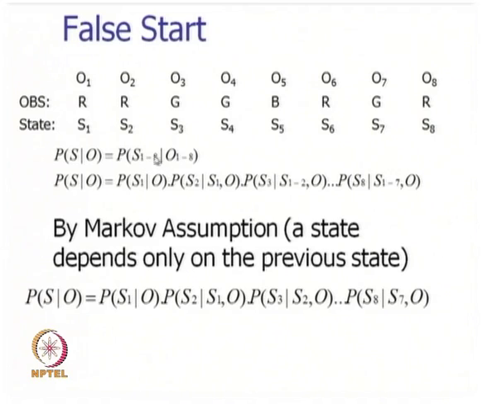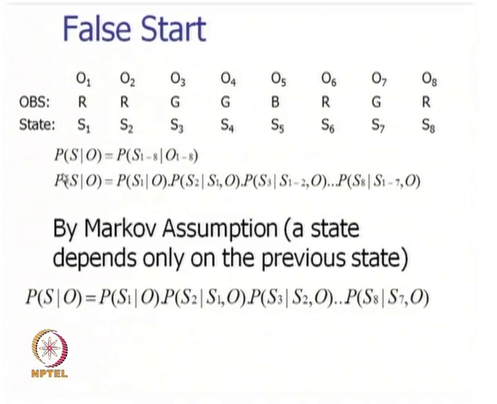This is a convenient notation which shows the state sequence S1, S2 up to S8 written in a shorthand 1 to 8. Similarly, the observation sequence O1, O2, O3 up to O8 is written in a shorthand fashion O 1 to 8.